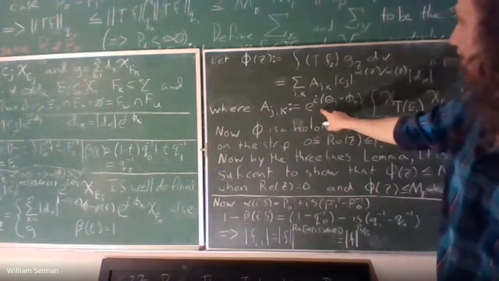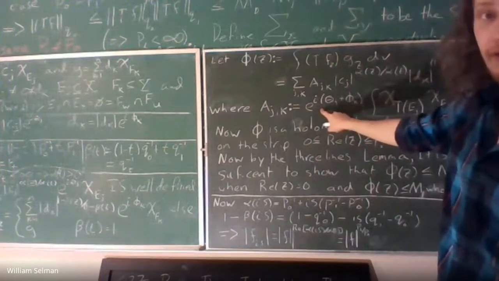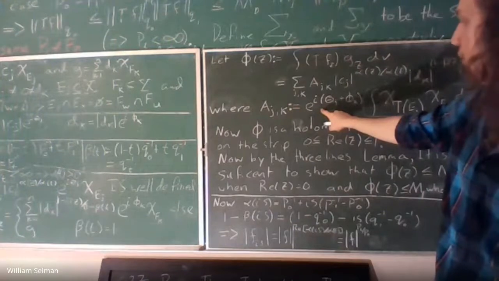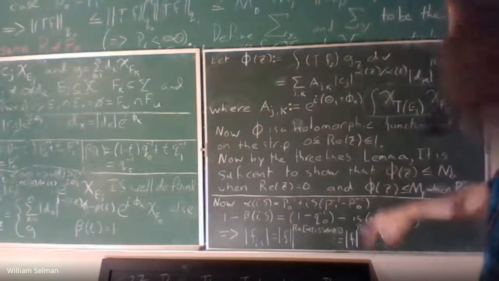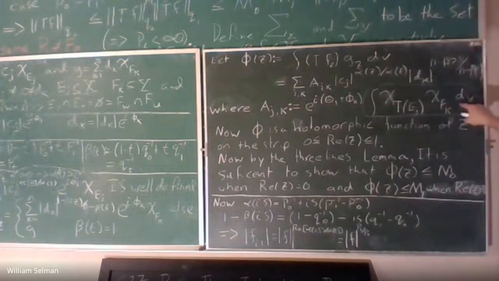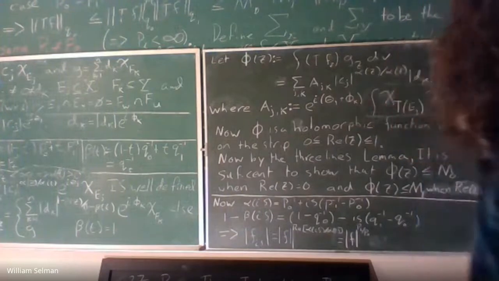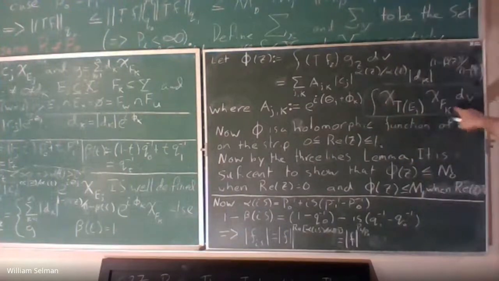We take the direction of the complex number, that's the coefficient, on the product of the two coefficients, times the integral of the product of their functions, which is their measure, the measure of the intersection of the two sets, E_j and F_k.